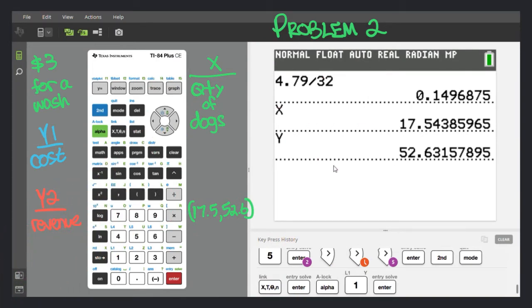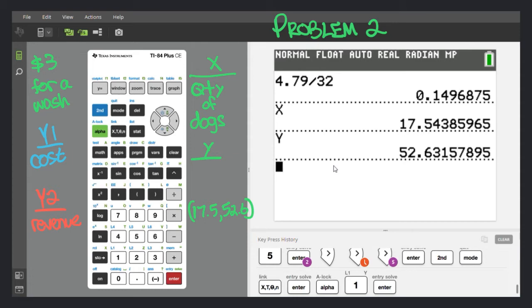Number 5, interpret the point of intersection in terms of your business of washing dogs by explaining the meaning of the ordered pair. So what does the ordered pair mean? If we look back up to a previous question here, first of all, y1 is cost, y2 is revenue, right?